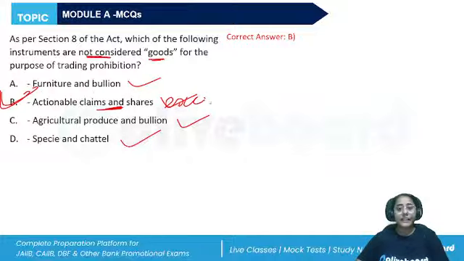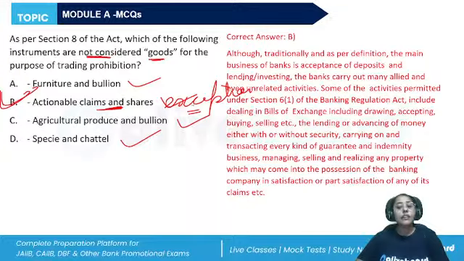These are the exception. So if a bank is trading in actionable claims and shares, that is not prohibited. Other than that, all kinds of movable property will be included in the definition of goods, and the banks are not allowed to deal in them. These are the prohibited business. All right?